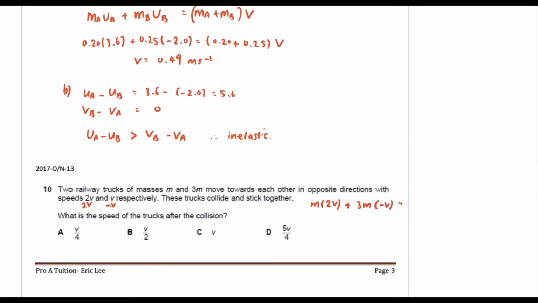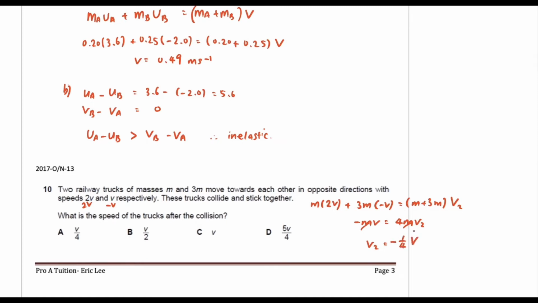Since they stick together, we add up the masses and find the velocity V2, let's say. Then we add up 2mv minus 3mv, we get negative mv, equal to 4m times V2. Cut the m, so V2 equal to negative 1/4 v.